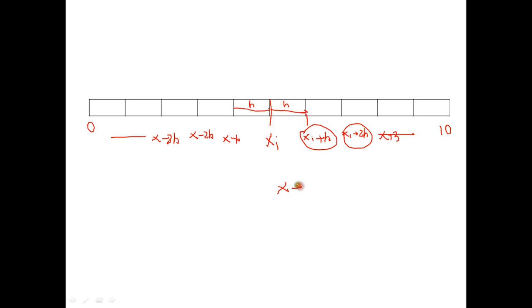The general formula is x plus ih, and i is here 1, here 2, here 3. In this case we can write x minus ih, where i is minus 1, minus 2, minus 3, and so on, and i is 1, 2, 3, 4. So we can discretize our domain this way, and I'm going to show you more in the following lecture.